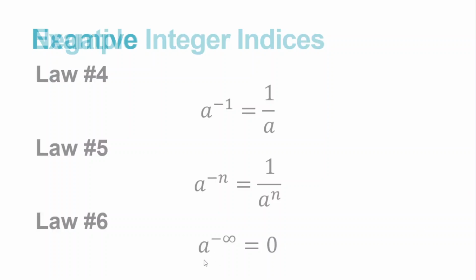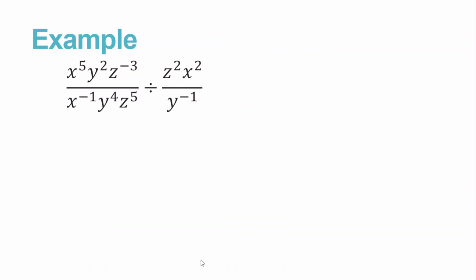Alright, so next let's have another example. Also, this is a big one. X raised to 5y cubed, x raised to 5y squared, z raised to negative cube over x raised to negative 1, y over y raised to 4, z times z raised to 5 divided by s.